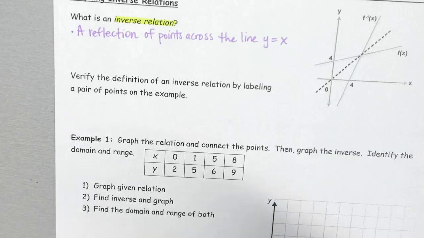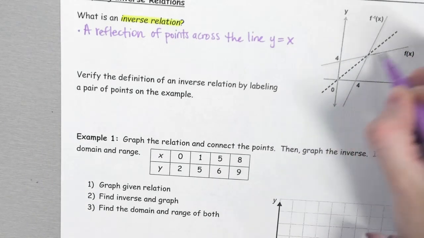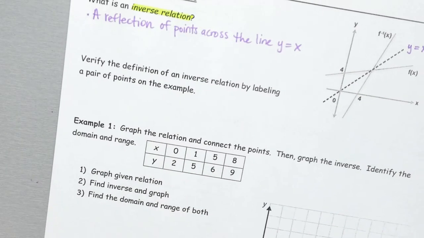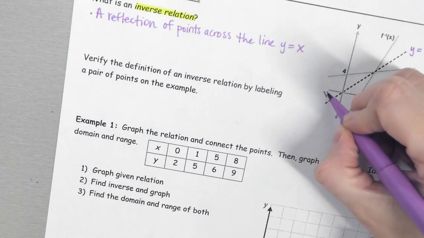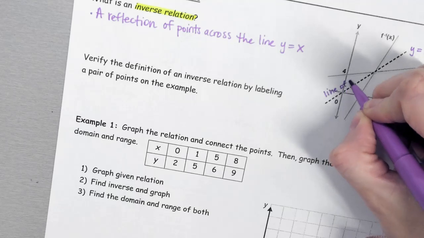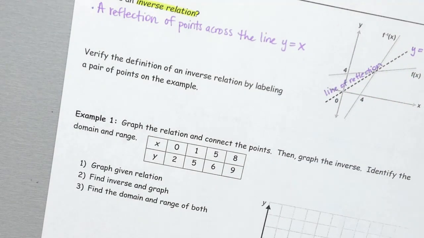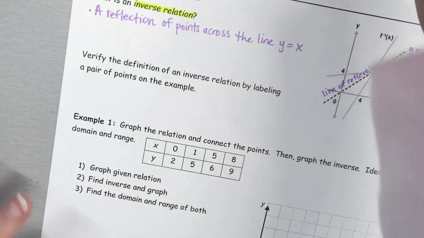It's depicted in this picture here. This dashed line is y equals x, and we call that the line of reflection. So if these are inverses, then they will be reflections over that line.